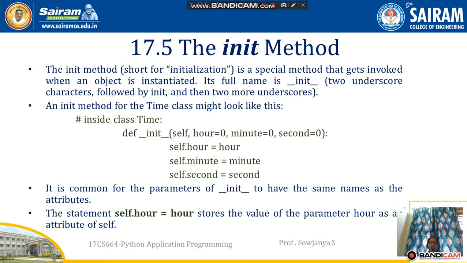When we write init, the object will be instantiated when you call it. Its full name is two underscores, then init, followed by two more underscore characters. This is a special way of writing the init function in the Python programming language.